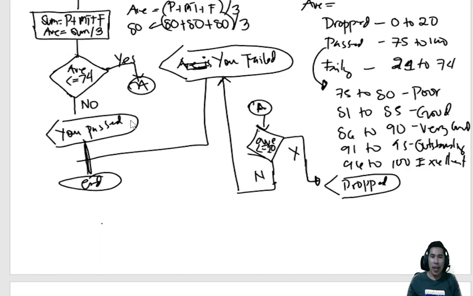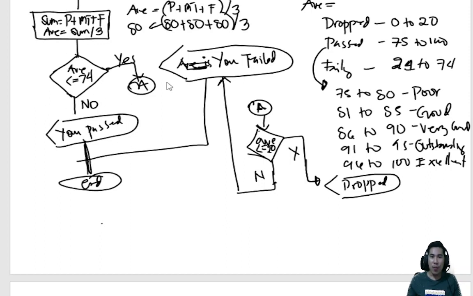Every grade between 75 to 100 is a pass, but if you would like to have poor, good, very good, outstanding, you can have an on-page connector. Okay? Since that can no longer fit on the on-page connector, that's the time you will have an off-page connector.